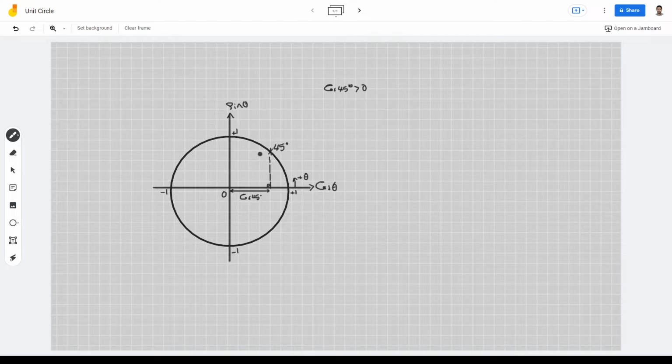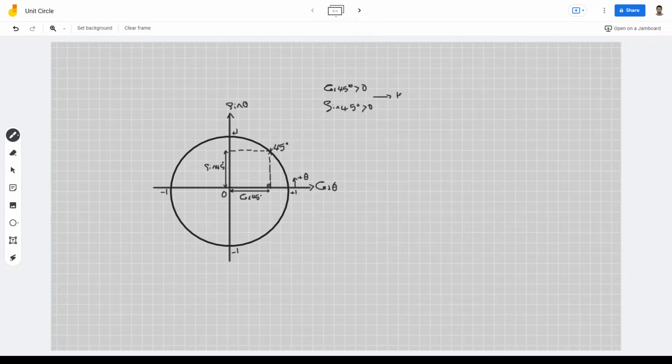Let's talk about the sine of 45 degrees. I need to project 45 degrees on the sine axis. This distance is representing sine 45 degrees. And since the projected point on the sine axis is above the origin, on the positive side of the sine axis, sine of 45 degrees is also positive.